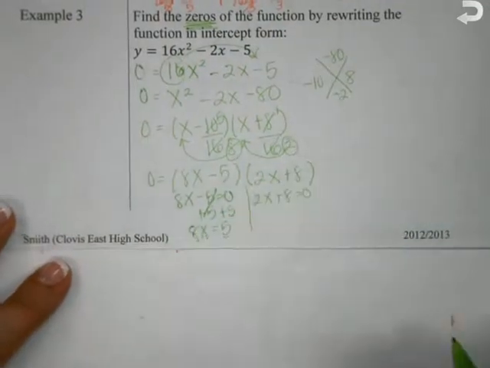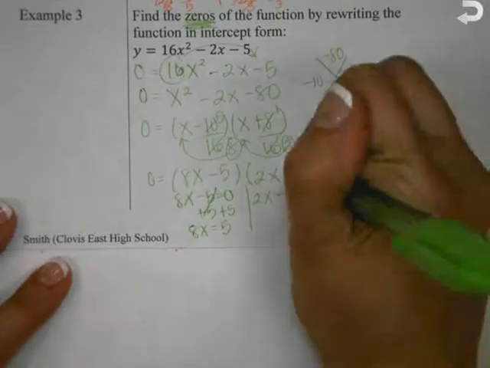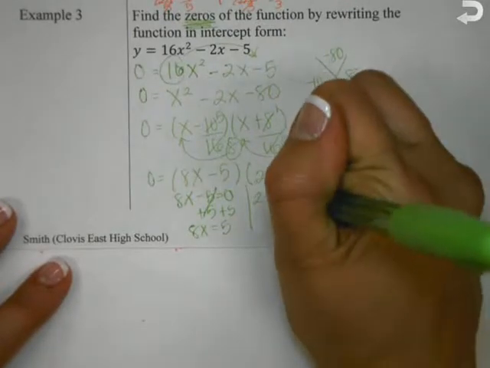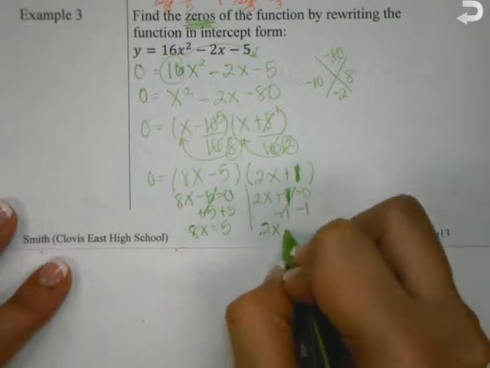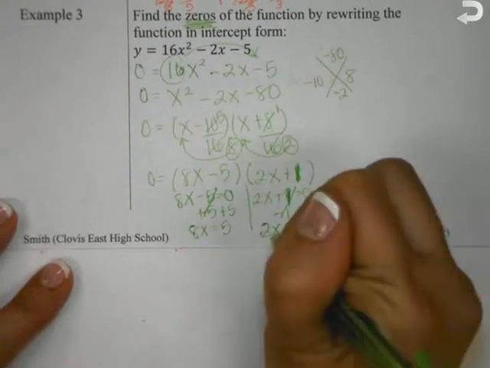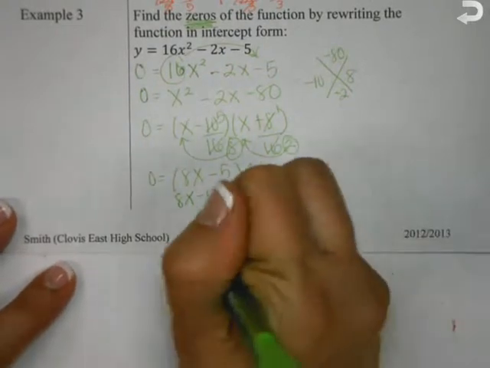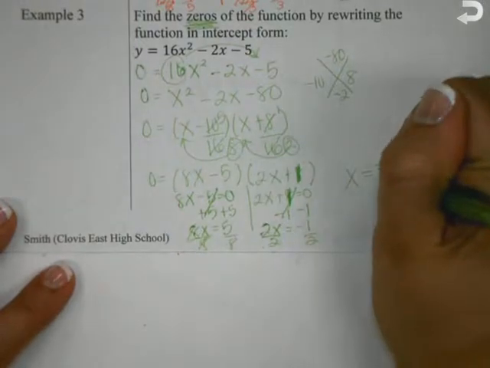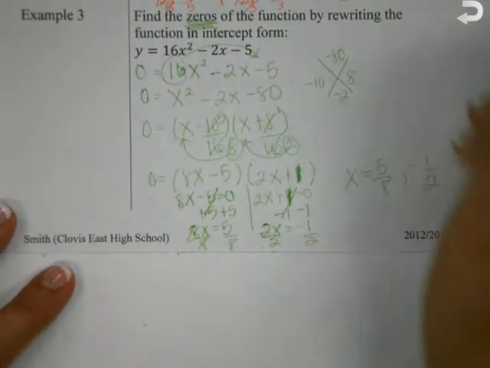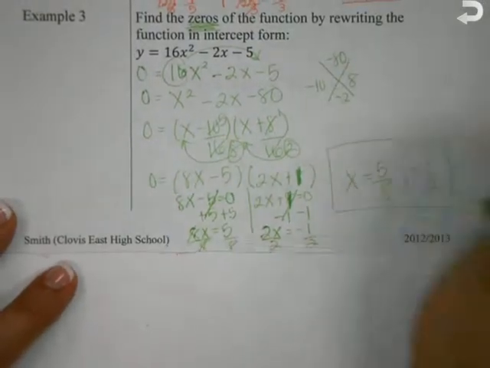Oh, yeah, this is 1. I did it again. I know. Subtract 1. 2x equals negative 1. Divide by 2. We didn't divide this guy by 8. So we get x equals 5 over 8 and negative 1/2. Who got that? I did. Excellent. So, example number 4.